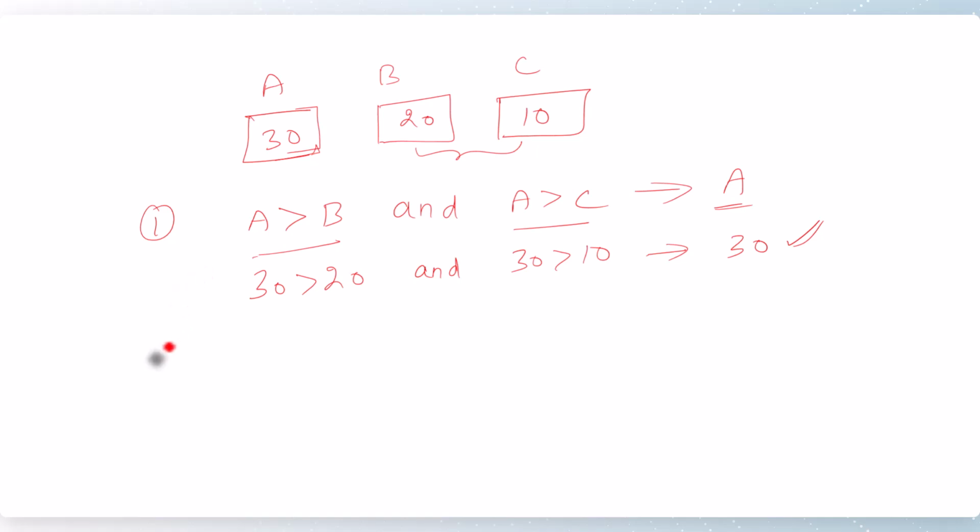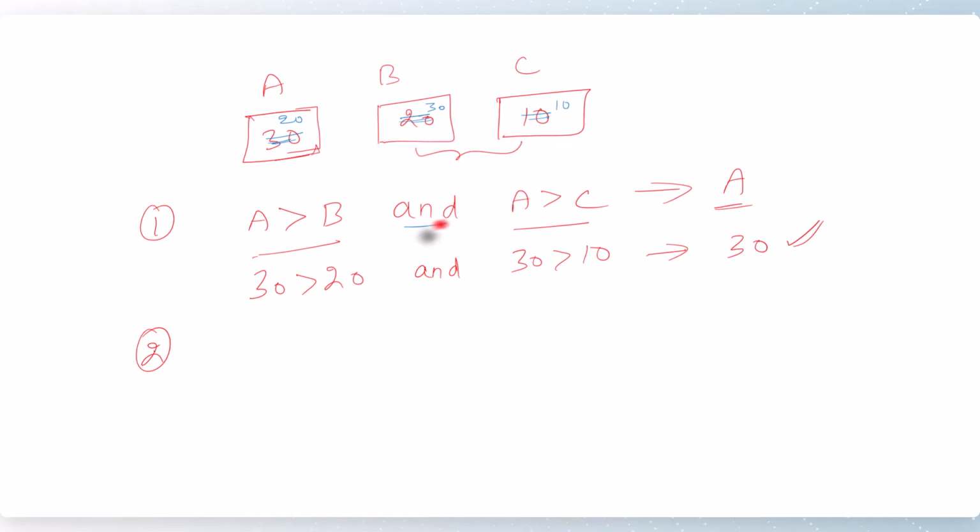Okay. For example, let me take another test case. Here I am taking another test case. In this case, now A I am taking as 20, B I am taking as 30, C I am taking as 10. Assume that these are the three numbers I have given. Now in this case, A is greater than B, the condition is false, right? B is greater than C, the condition is true.